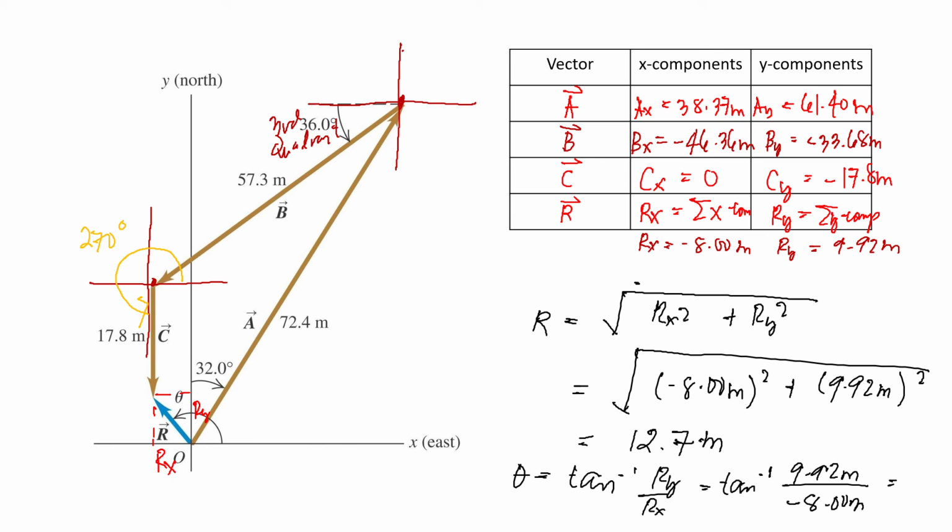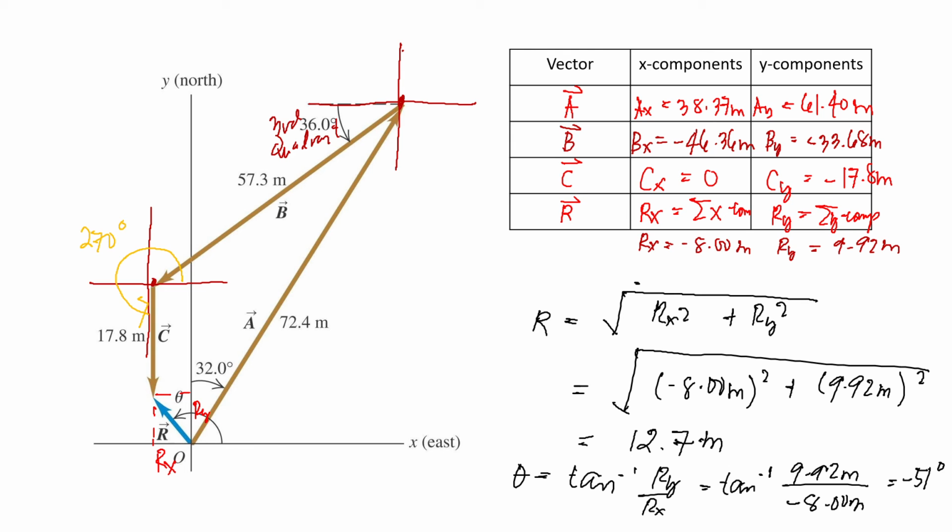Again, tangent inverse of 9.92 divided by negative 8. So you will get an answer of negative 51.1, negative 51 degrees.